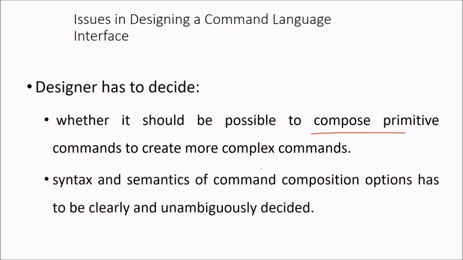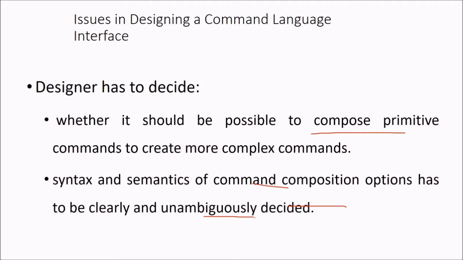The syntax and semantics of the command composition option are to be clear and unambiguous. Unambiguous means there has to be no confusion. The command should be so clear that if a naive user is also learning or understanding, he must be able to do the work. For example, I just said ipconfig.